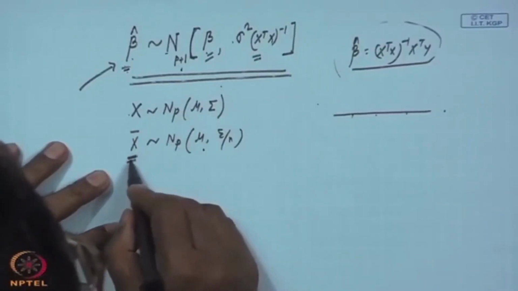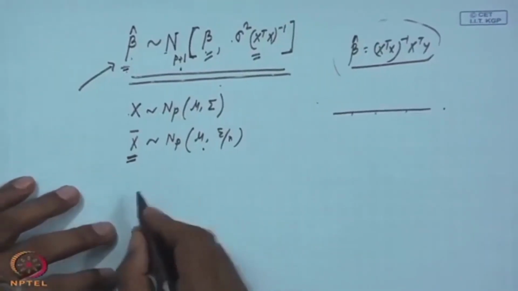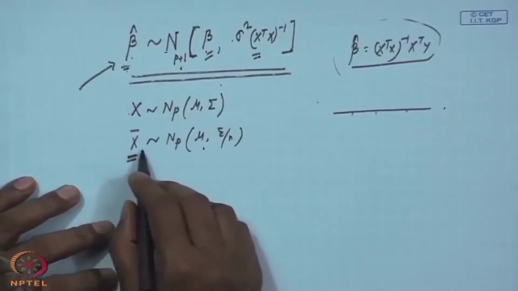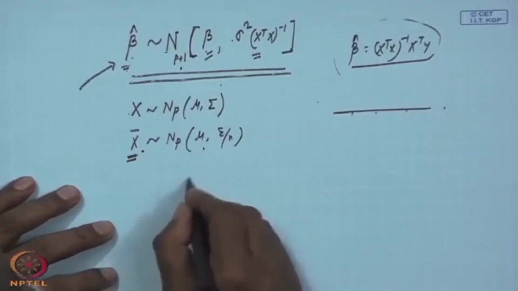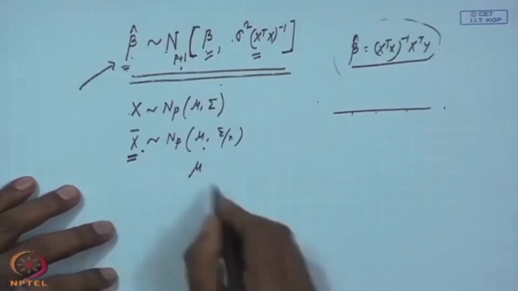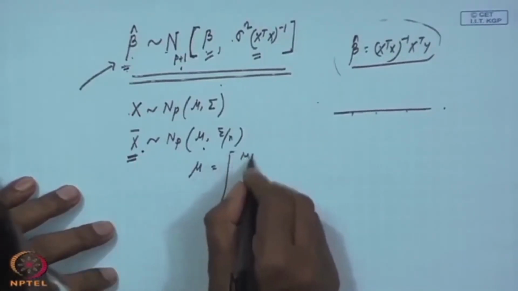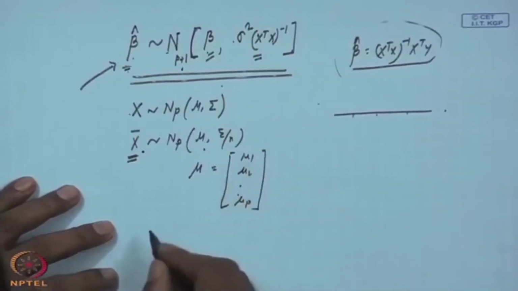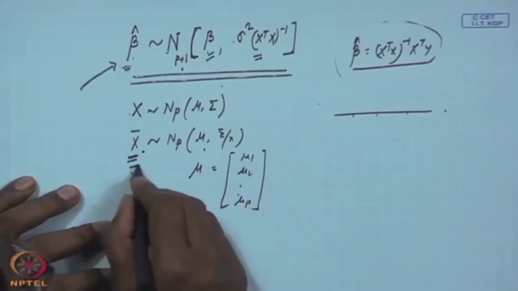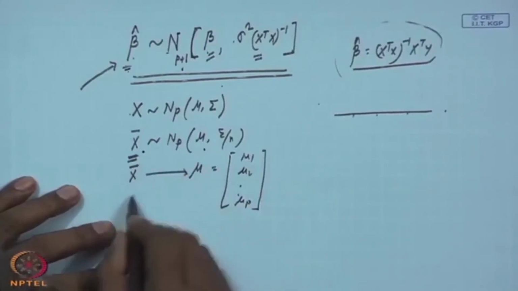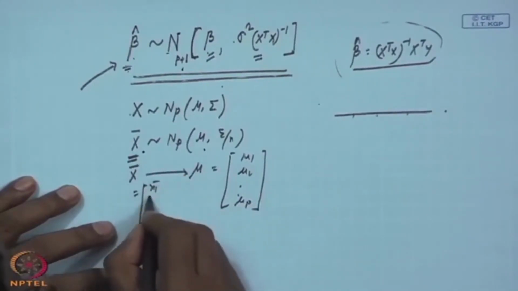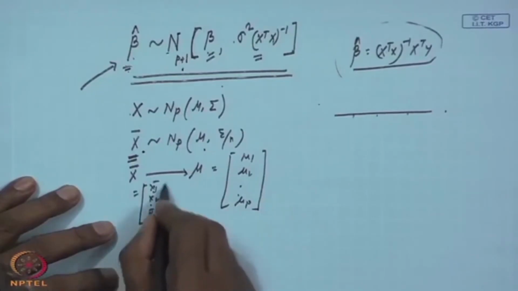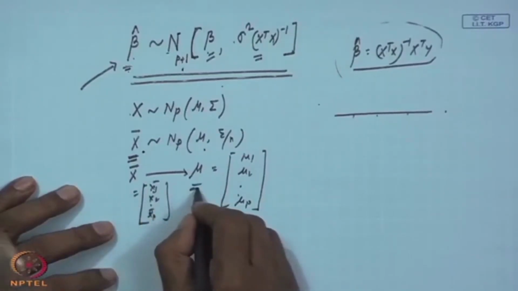Now, we have also described the confidence region. Can you remember the confidence region for mu, where mu equals mu 1, mu 2 to mu p, that we have discussed earlier, and with the help of x bar, where x bar is x 1 bar, x 2 bar, like x p bar, we found out this confidence region of mu.